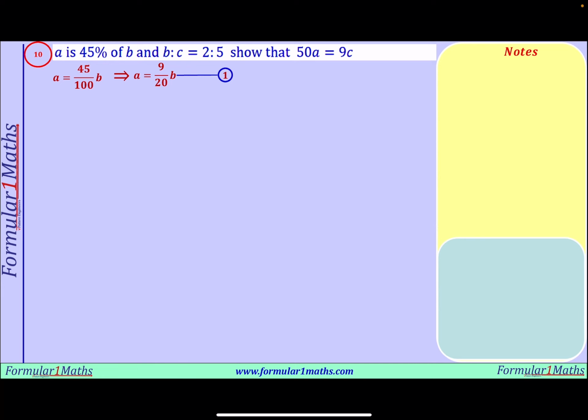Then let's rewrite this ratio here in this form. And then we can make B the subject to get 2 over 5 C. And we can call it equation 2. We can now go and substitute equation 2 into equation 1.